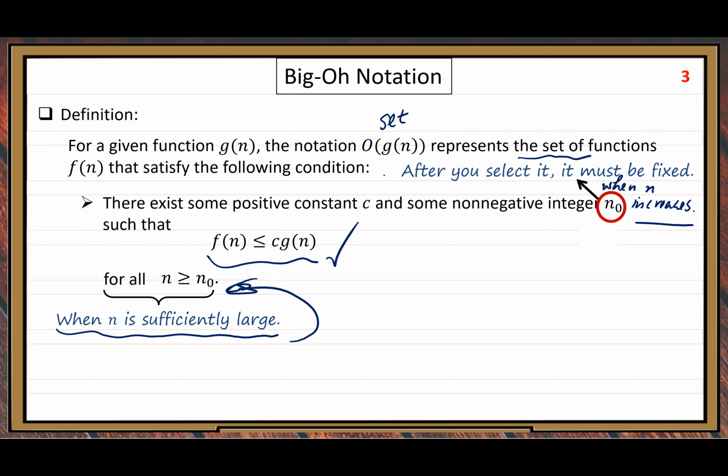Sufficiently large. People may argue this wording is vague, right? People can argue, so this wording is very vague. When you use this word, it's not objective. It's subjective.